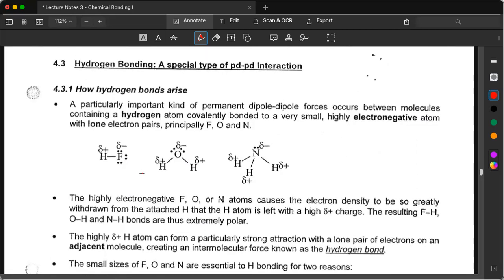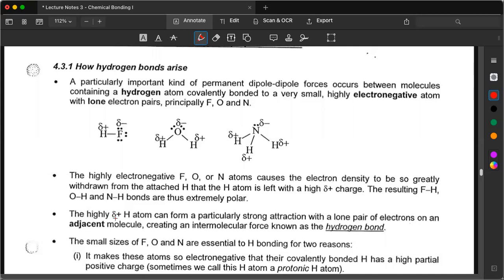The highly electronegative F, O, and N atoms cause the electron density to be greatly withdrawn from the attached H, such that the H atom is left with a partial positive charge. So the resulting F-H, O-H, and N-H bonds are extremely polar because the hydrogen is covalently bonded to a very electronegative atom.